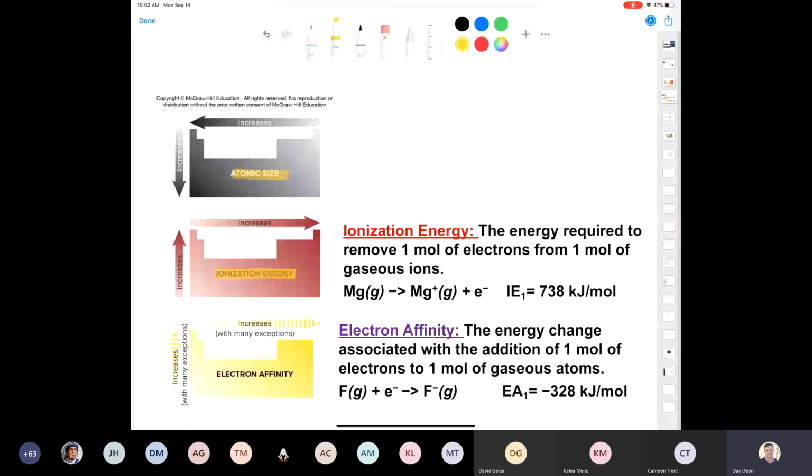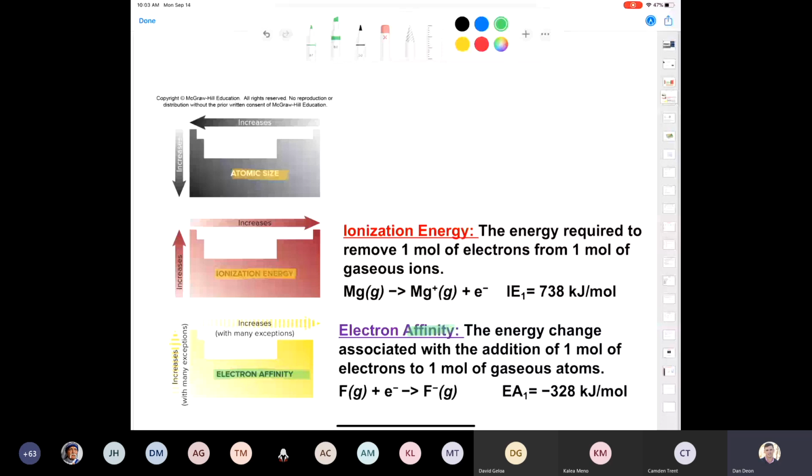We're also going to look at what's called electron affinity. Now, what does affinity mean? You say you have an affinity for, I don't know, Culver's hamburgers, right? What does that mean? It means you like them. So electron affinity is kind of the opposite of ionization energy. It's the energy change associated with the addition of 1 mole of electrons. Now you see that there are some energies associated with that.